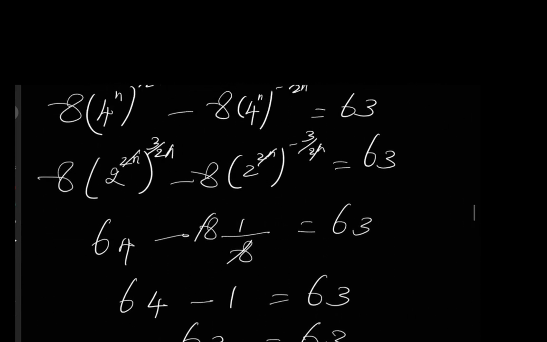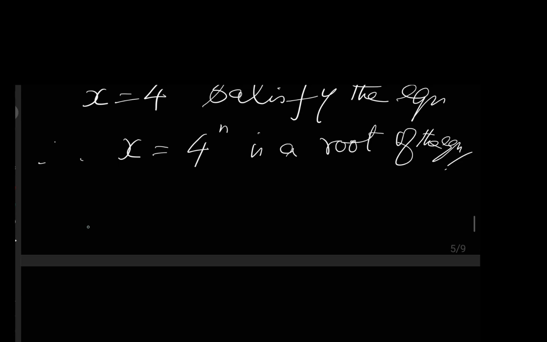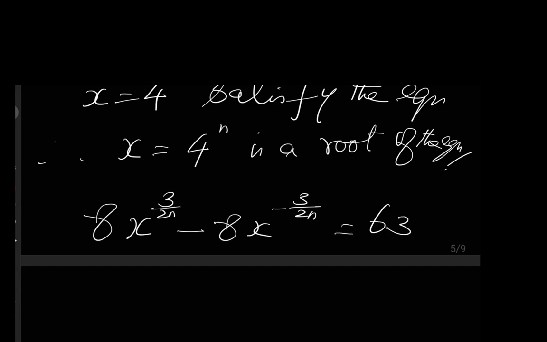Next, you can substitute 1 by 4 power n. So you can do it by yourself, but let me try this also. 8 x power 3 by 2n minus 8 x power minus 3 by 2n. This should be equal to 63.